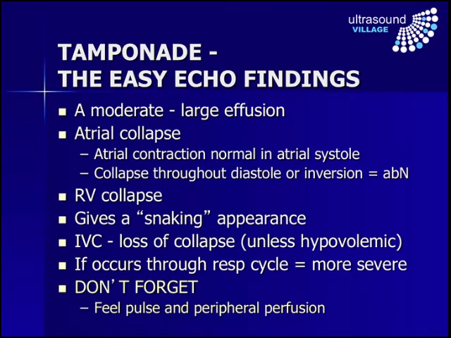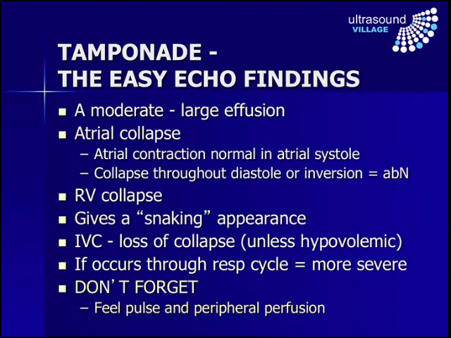Then there's the right ventricular collapse, and because these occur in different phases of the cardiac cycle, you'll often see a snaking appearance, something like somebody shaking a slinky or a sinusoidal wave that appears to be running across the top of the right ventricle. There is the loss of the IVC respiratory collapse, unless the patient is profoundly hypovolemic.